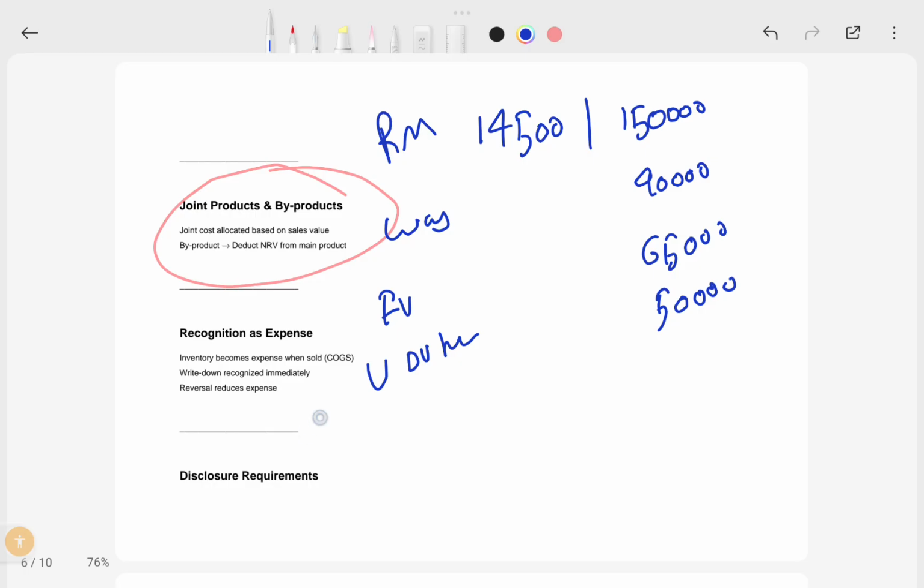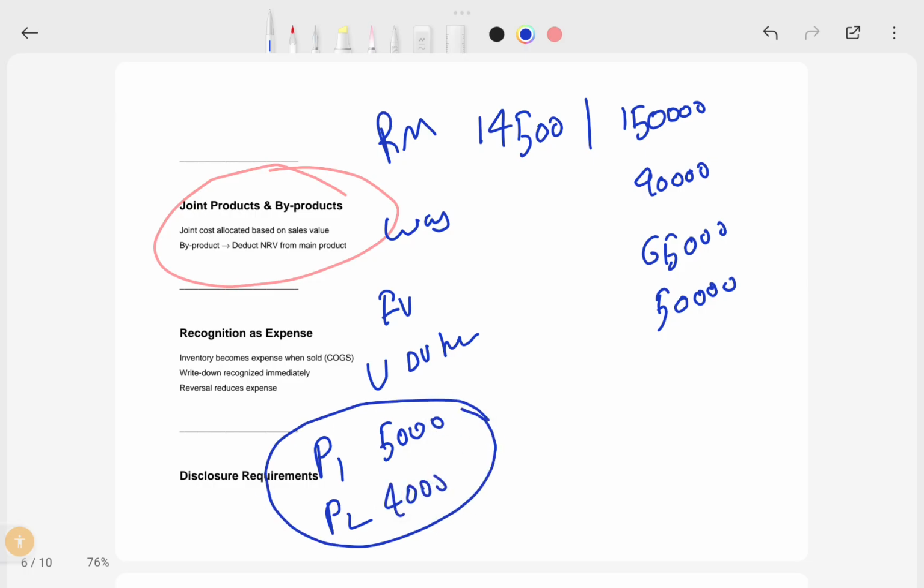Then there is output of 2 products and 1 byproduct. Say, product 1, product 2. Product 1, the main product, 5,000 units we have produced, and the second product we have produced 4,000 units. There is a closing stock for the same, part 1 and part 2, 250 and 100, also given in the question.